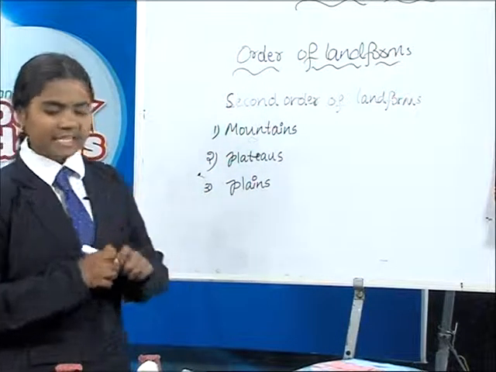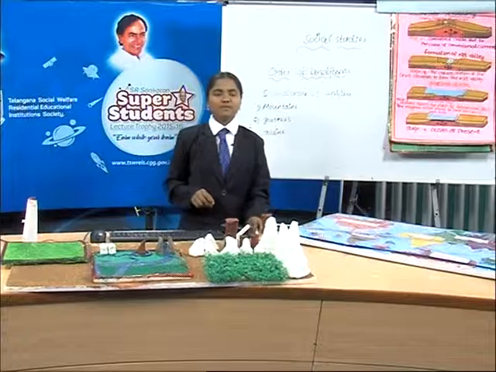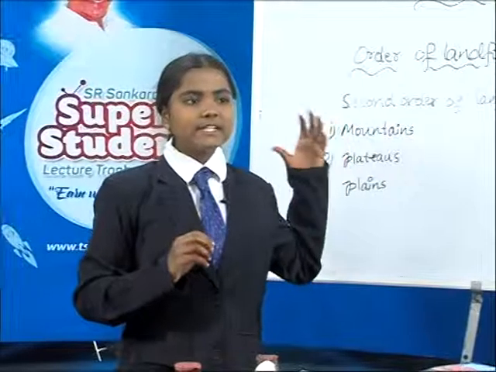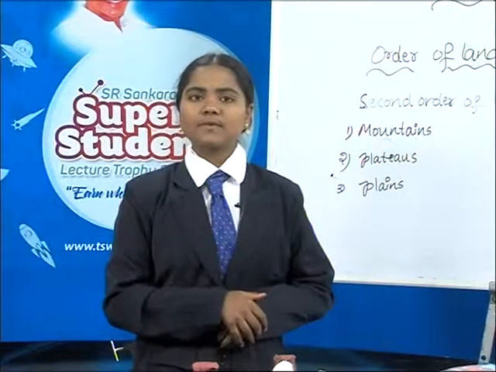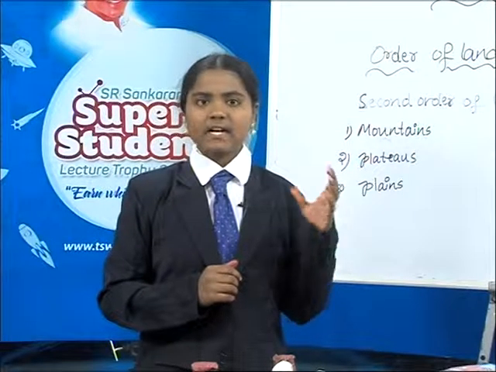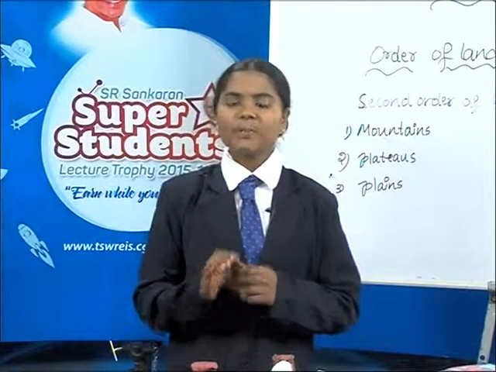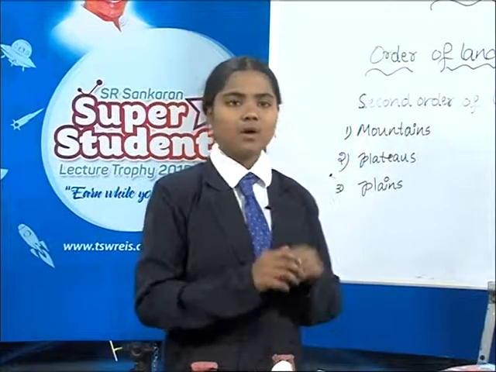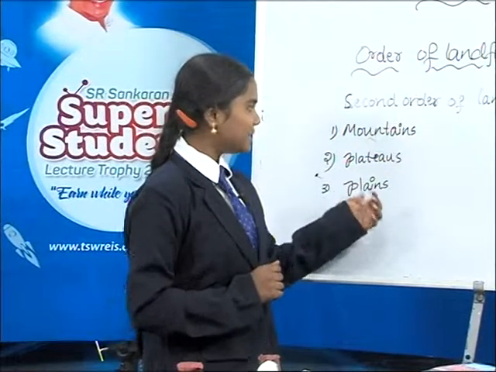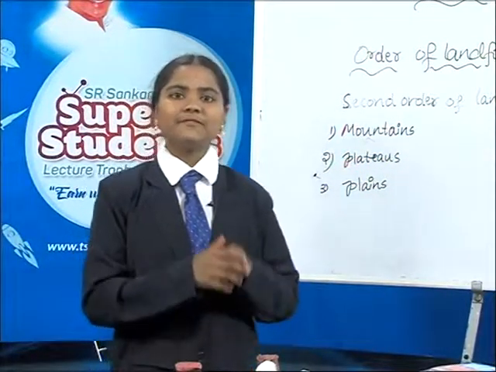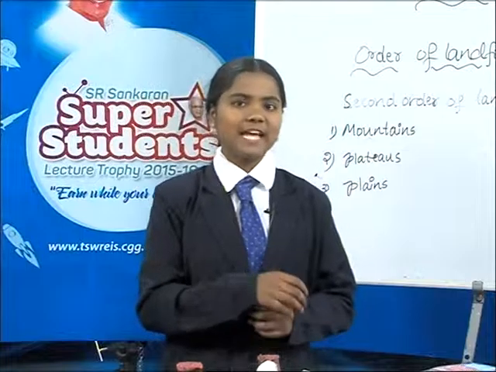Friends, are you understanding? The second order of landforms forms due to the internal processes of our earth. The second order of landforms are mountains, plateaus and plains. Let's learn about the formation of the mountains, plateaus and plains.